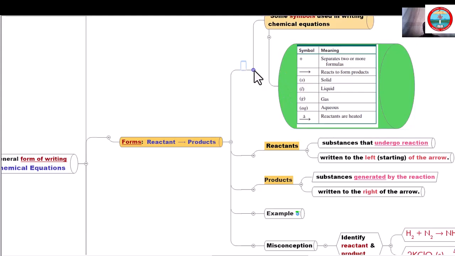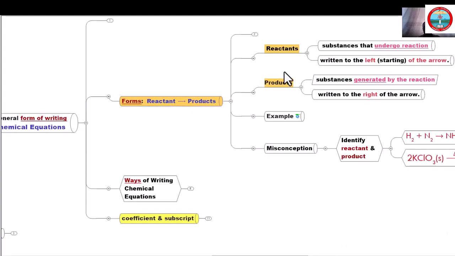So these are some symbols used in chemical reactions. The reactants are substances that undergo chemical reactions, and they are written to the left or start of the arrow. Products are substances that are generated by the chemical reaction and are written to the right side of the chemical equation.